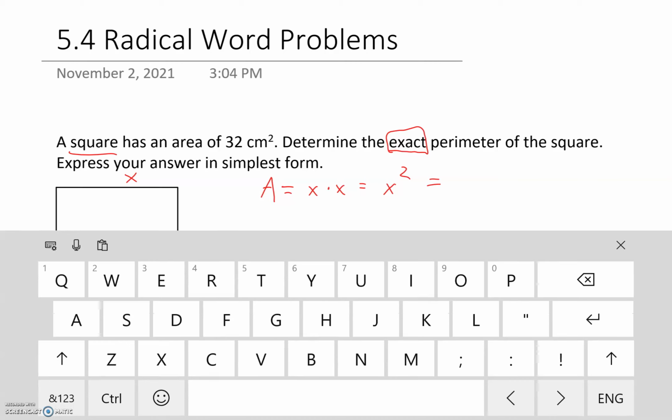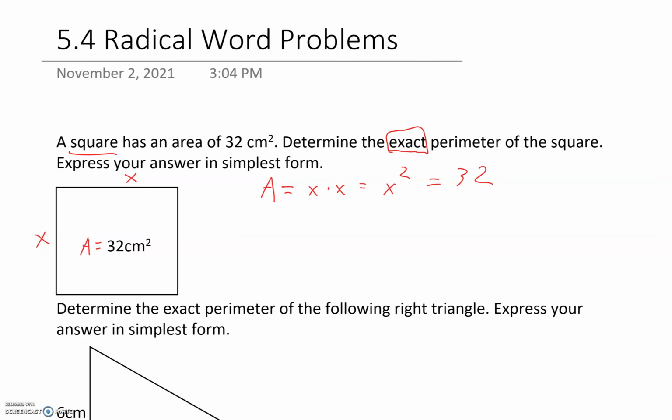And we know the area is 32. So we're going to solve for x. We're going to square root both sides, which cancels out the square and the square root. So we're left with x equals the square root of 32.